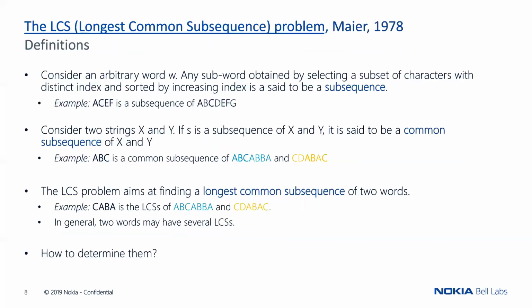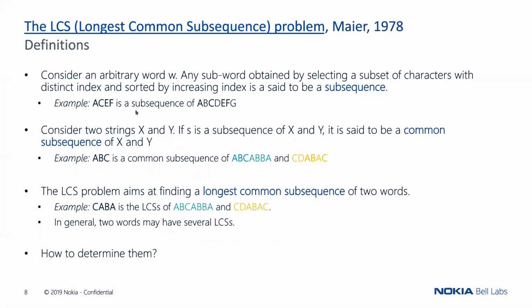So now let's come back to edit distance, and more precisely to LCS. It was introduced by Myers in 1978. So first of all, what is a subsequence? You have a first string, say A, B, C, D, E, F, G, and a subsequence is any sequence of characters that you obtain by removing an arbitrary number of characters while preserving the order of the characters that you keep.